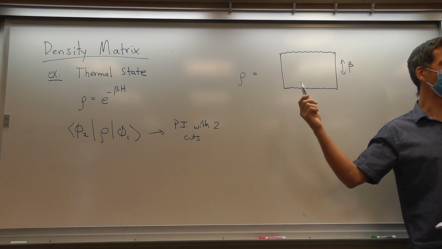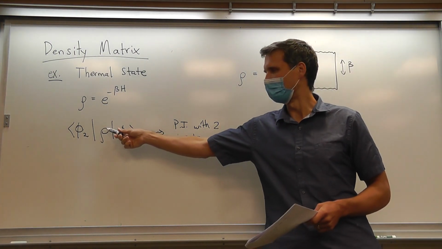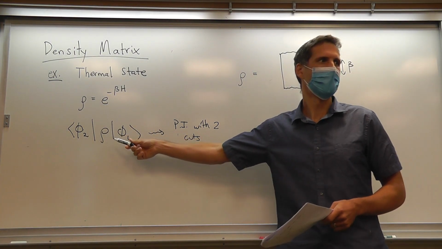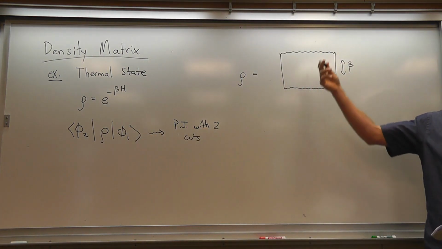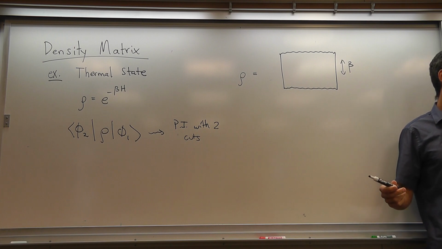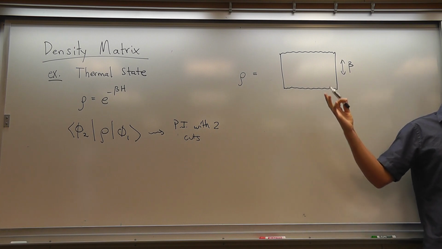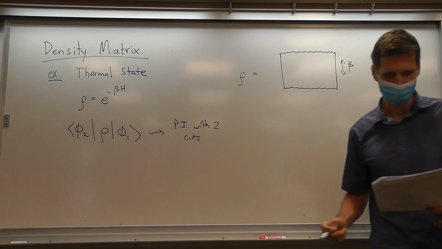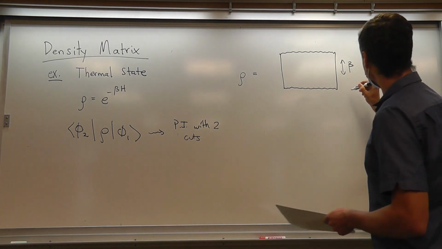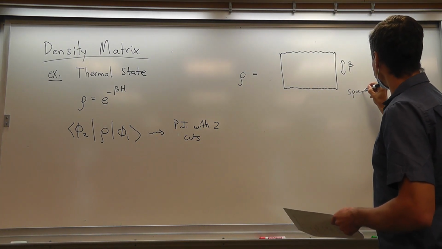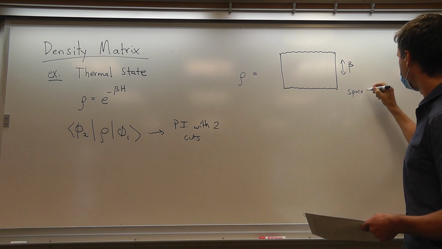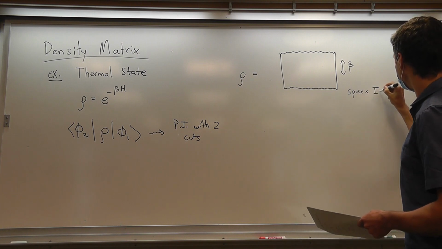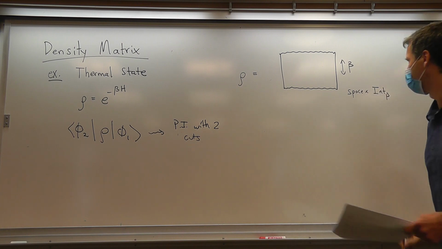And we said that the matrix elements with an e to the minus beta H in here are given by just putting phi 1 and phi 2 on the two cuts. So the only difference now is that I'm writing this as an operator. Before we were writing the matrix elements. So this is on space. I've drawn this as if this is 1 plus 1 dimensional, but this is general. It's a path integral on space times an interval of length beta.